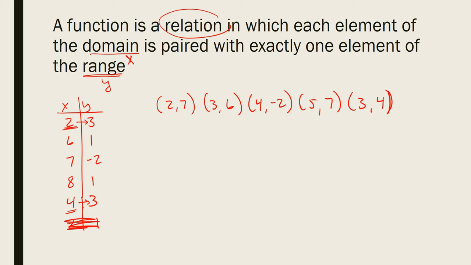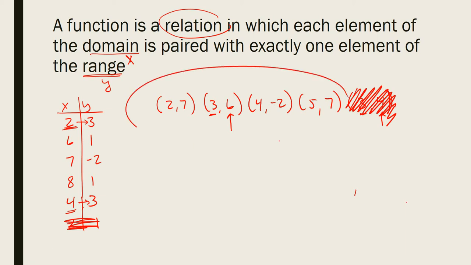See if you can see which ordered pairs cause this to become something that is not a function. All right, so the 3 here, which is part of our domain, is paired with 2 different values. So those 2 ordered pairs are what cause this to be a relation and not a function. And again, if I eliminated one of those ordered pairs, now I have a clear function.